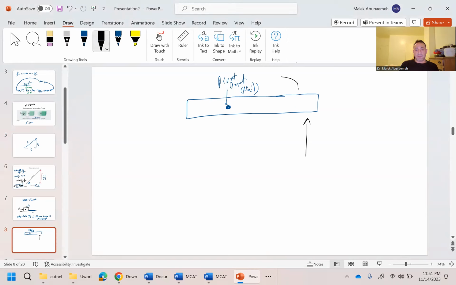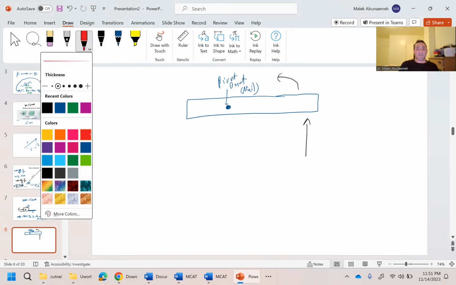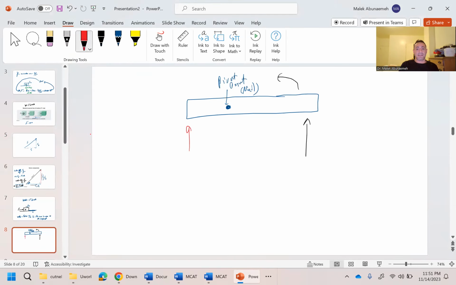It would rotate this side. Let me get a different color. If I put a force on this side, it will rotate on this side. Correct? Yeah. And that's what we talk about as torque.